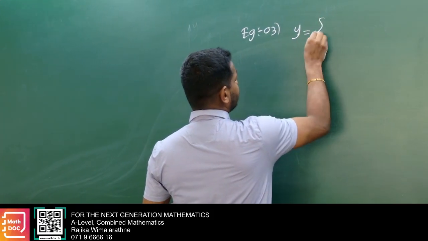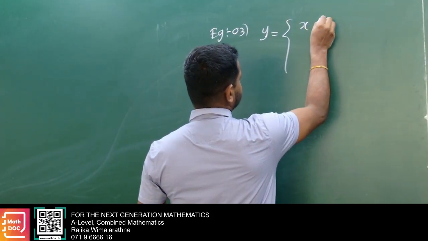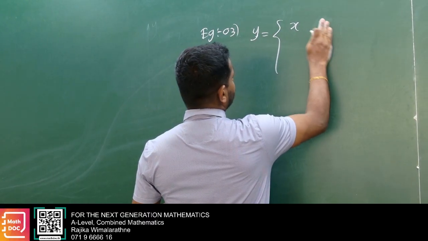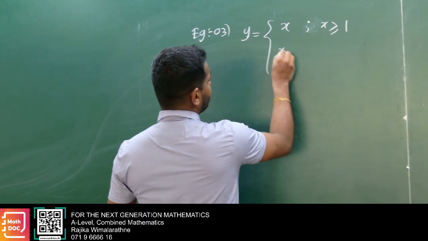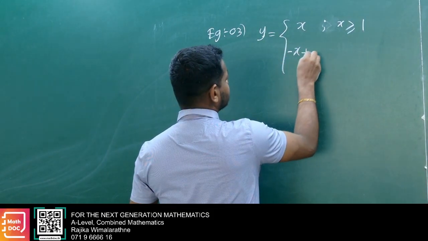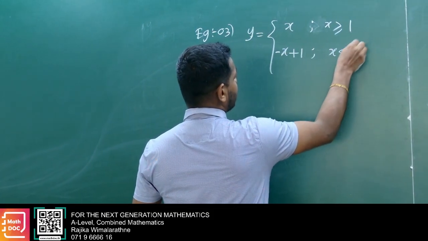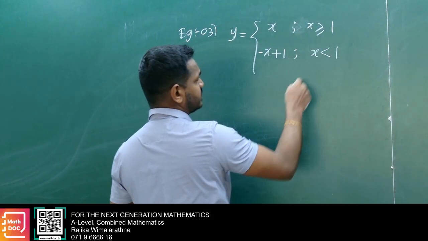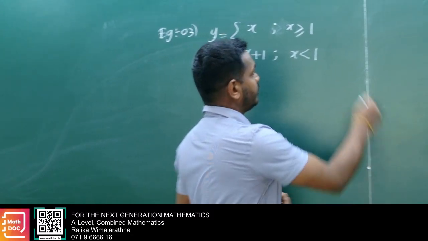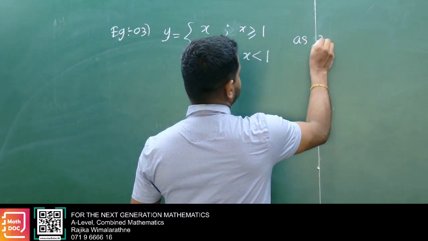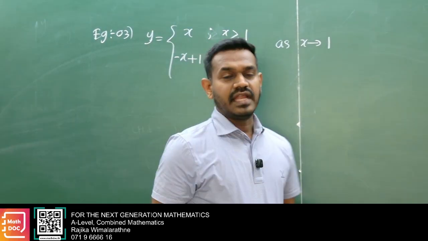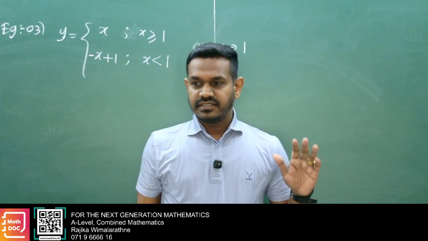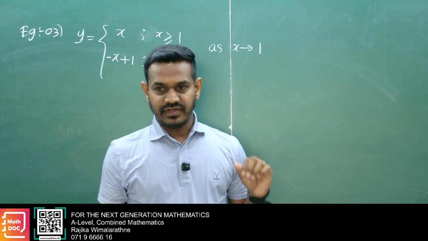y equals x for x greater than or equal to 1, and minus x plus 1 for x less than 1, as x arrow 1. Here two cases. That is a piecewise function. So definitely for a piecewise function, we know it is usually not continuous.